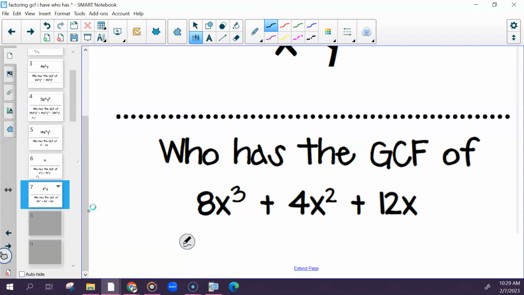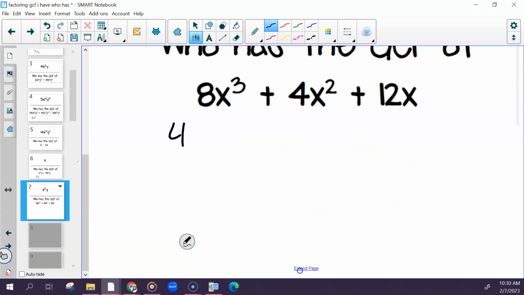Okay, 8x to the third plus 4x squared plus 12x. Whoever has that next GCF. I also don't have it. What's that GCF number? 4. Do they have anything else in common?